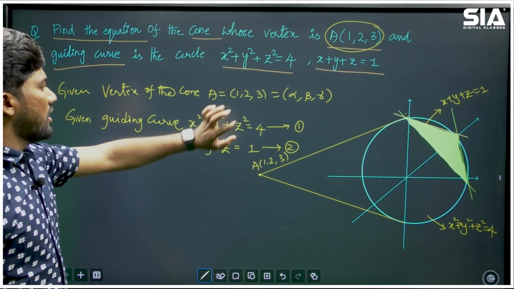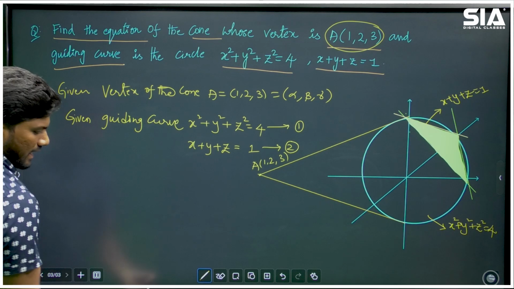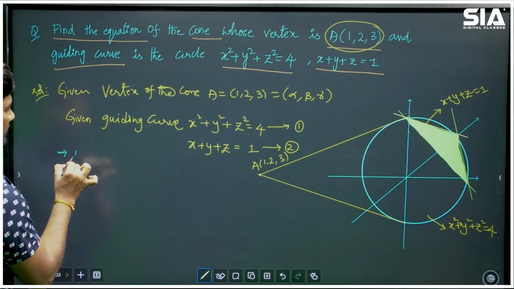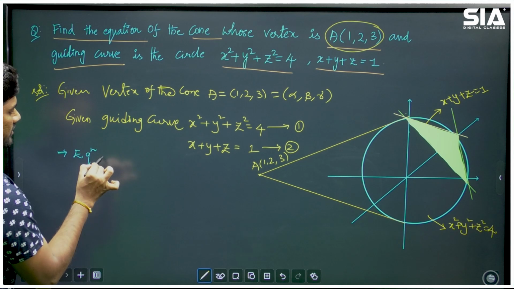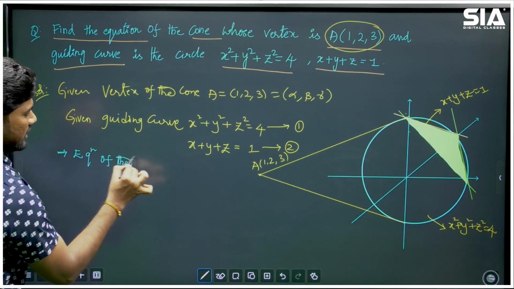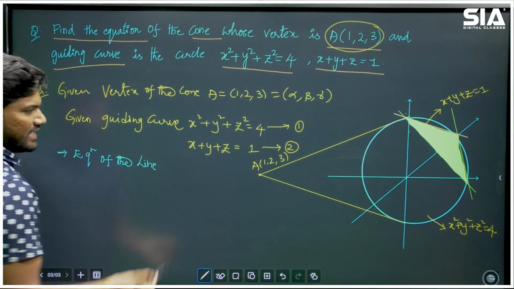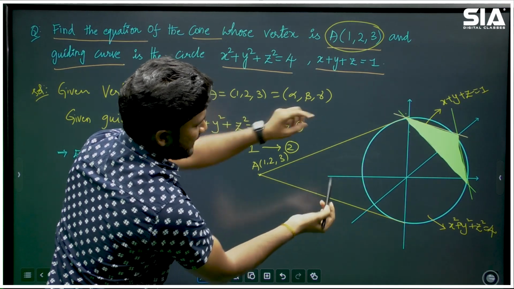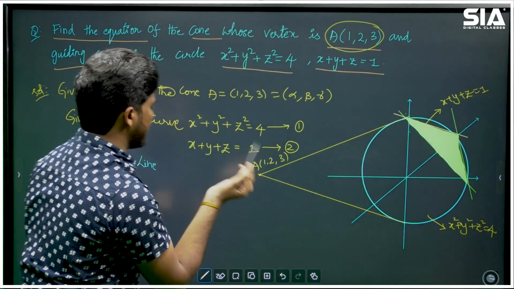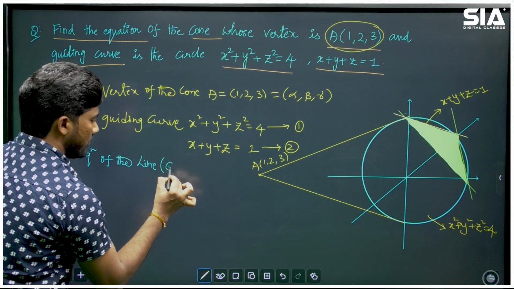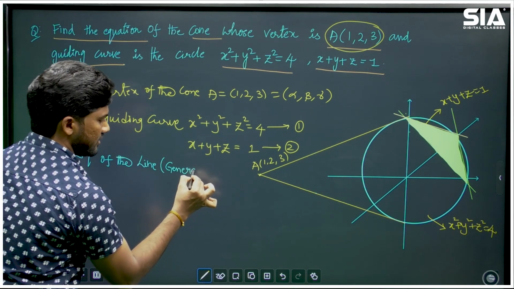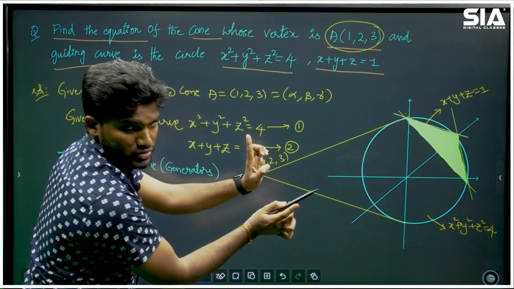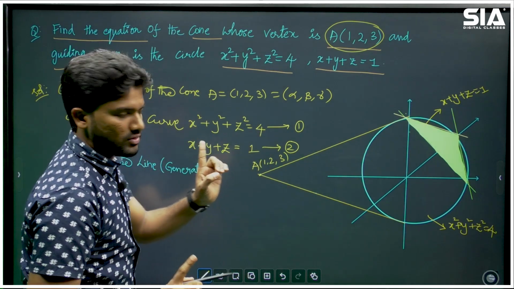Now I am taking the equation of the line. This is the equation of the line passing through the vertex of the cone. This line we can also call the generator. For a cone, the lines through the vertex are called generators of the cone.